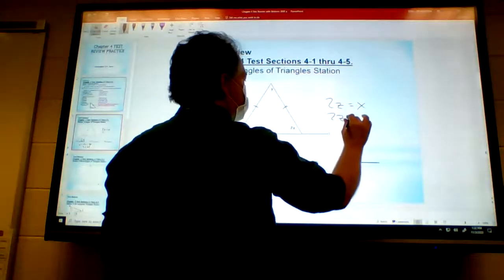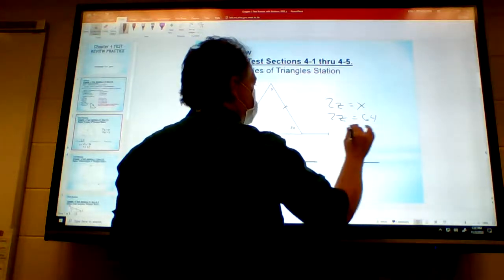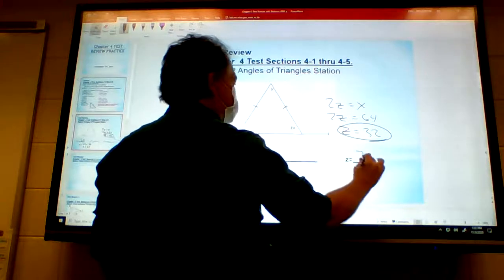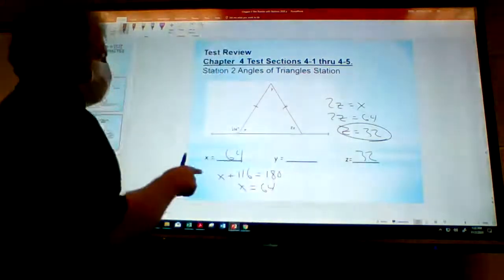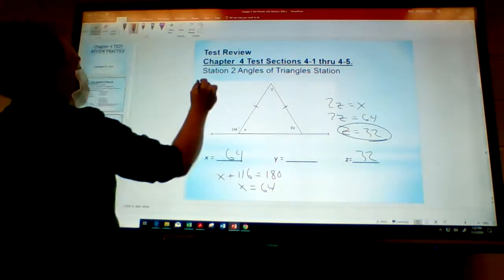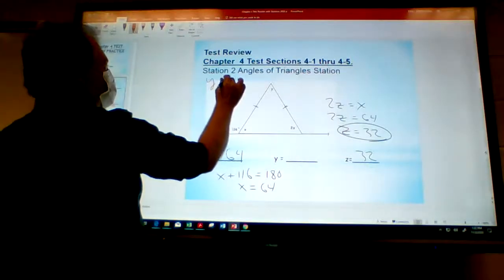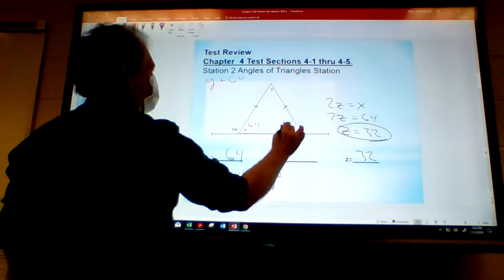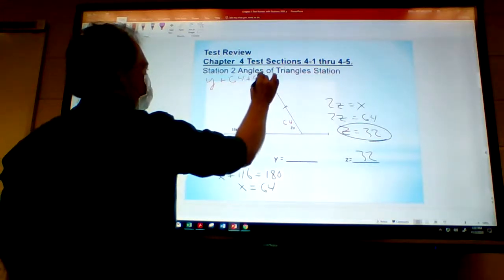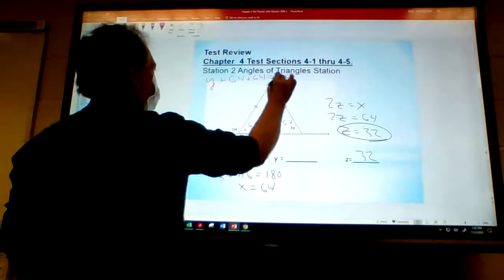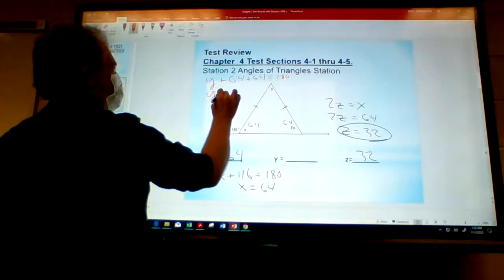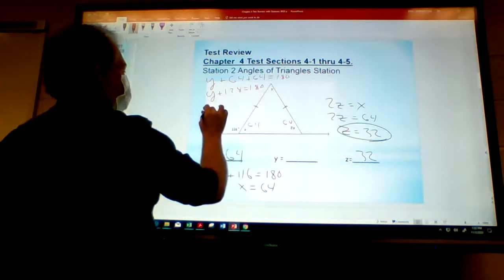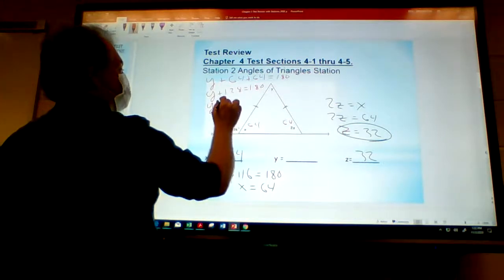So 2z equals 64, which means that z equals 32. So z is 32. Now, y right here, y plus 64, because this angle is 64, and this angle is also 64. So 64 plus 64 equals 180. So that means that y plus 128 equals 180. So y equals 52.